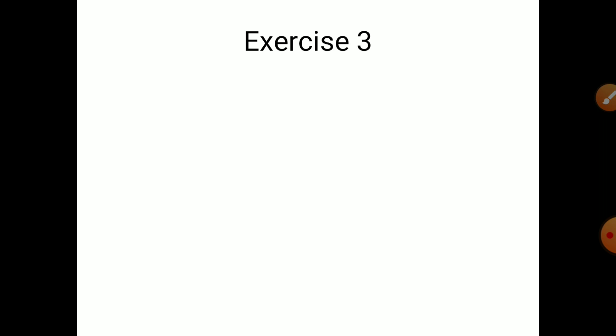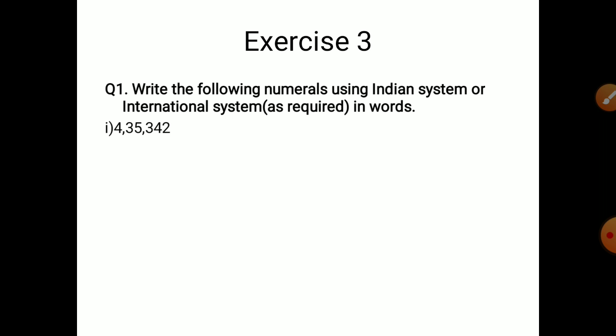Now you have exercise 3, a very simple and very short exercise. In this exercise you will have some numbers and you will write those numbers according to Indian and international systems in words. So my first question is this: write the following numbers using Indian system or international system as required in words. In words means you need to figure out the commas.